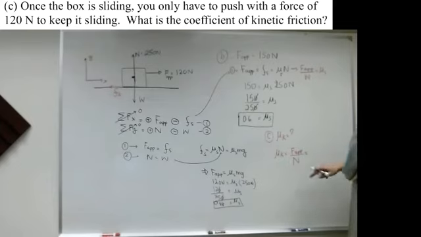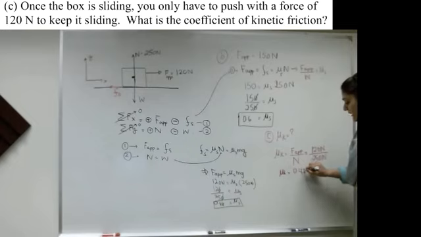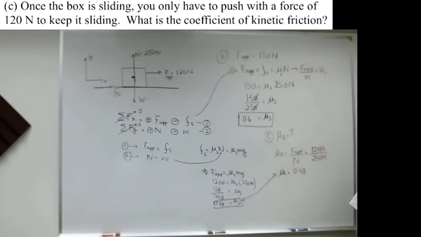But in this case, what is my applied force? It's 120 newtons divided by, what was my normal force? 250, which cannot change. So mu K is actually equal to 0.48, which is the same as here.